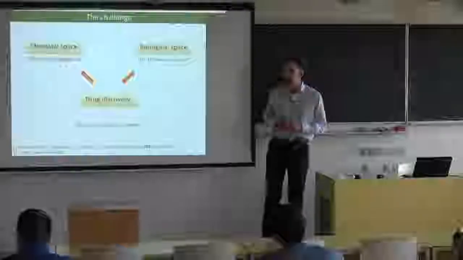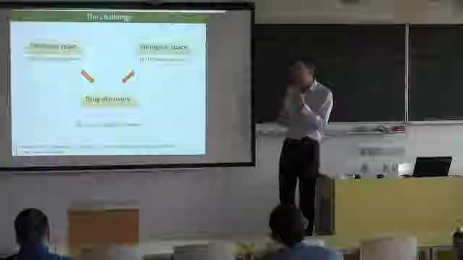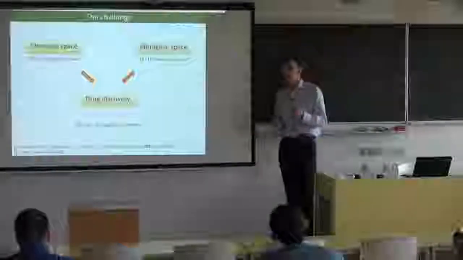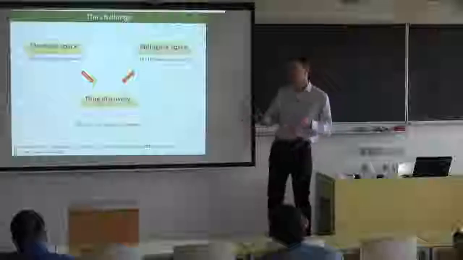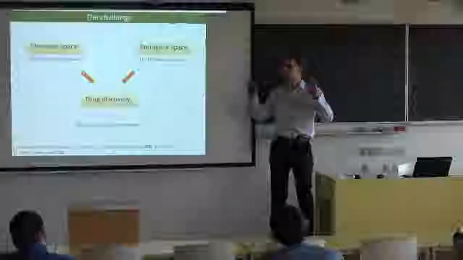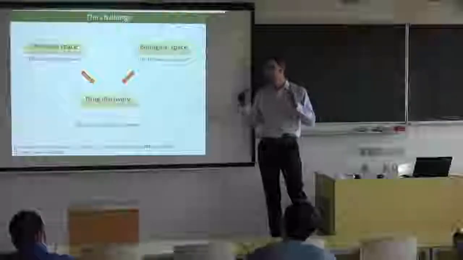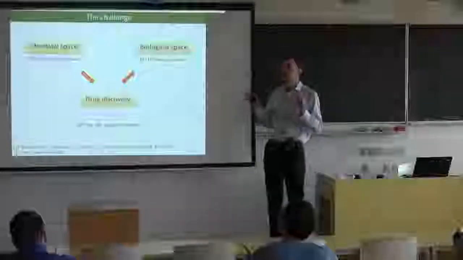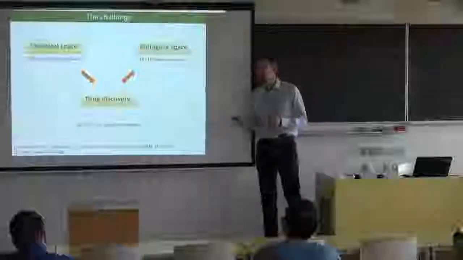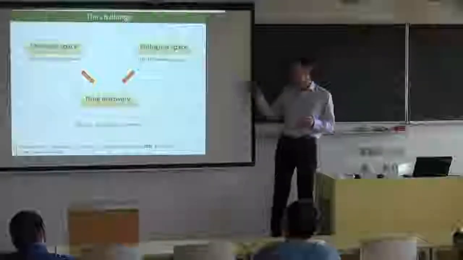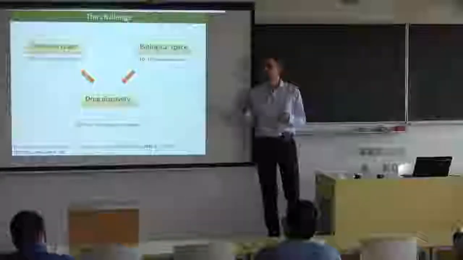So why is drug development a challenging problem? On one side, we have a chemical space, a certain number of all possible chemical compounds, and the size of this space is really, really large. It is estimated at up to 10 to the power of 40 compounds corresponding to Lipinski rules.